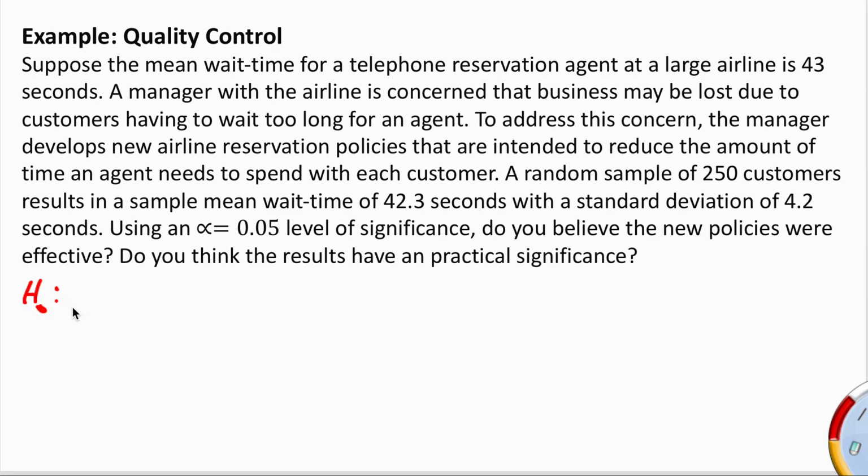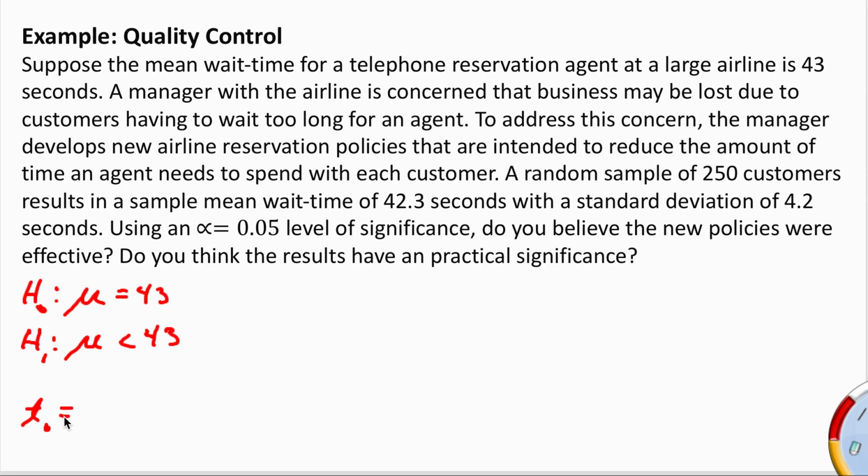H sub naught is the mean was 43 seconds, and he's hoping that he lowered it. So we want to know if it's now actually less than 43 seconds, because it's the mean.